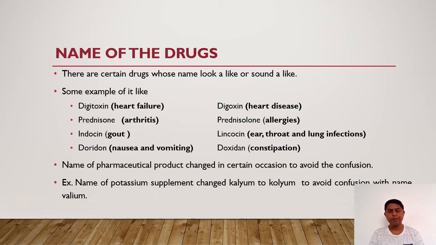You may see that there are n number of examples we can quote here with look alike or sound alike, out of which some of them are quoted by me, which you find that their uses are different, but if you are writing them, they sound like the same. Names of pharmaceutical products change on certain occasions to avoid these confusions.